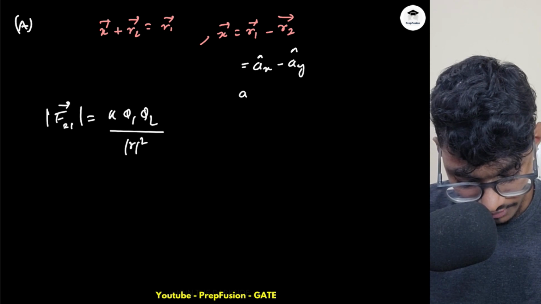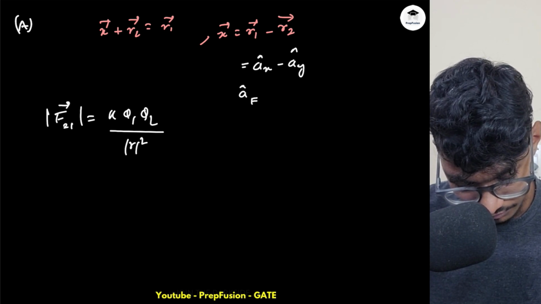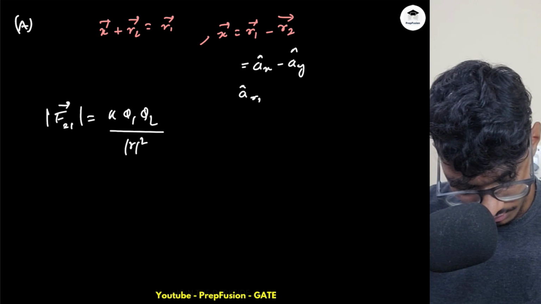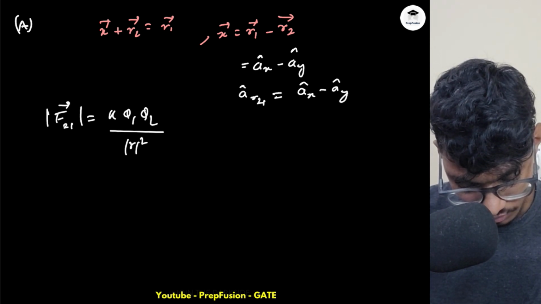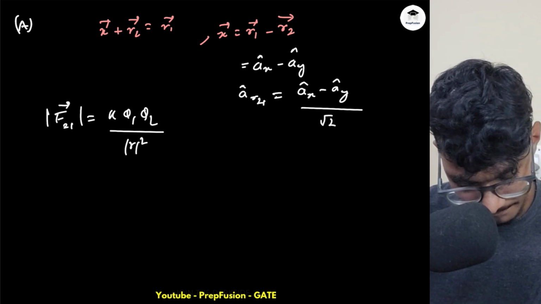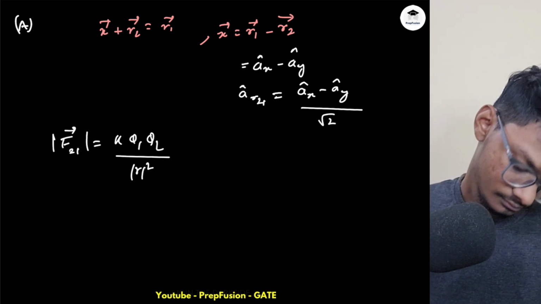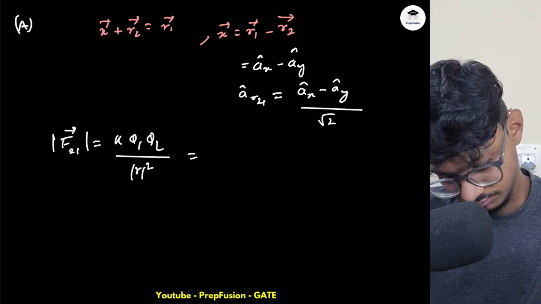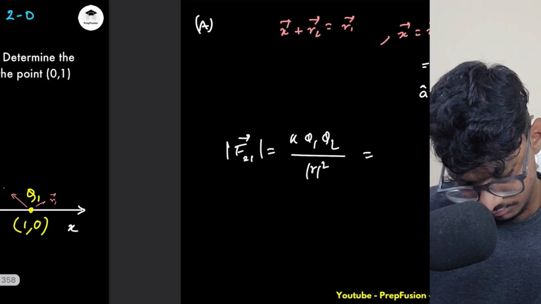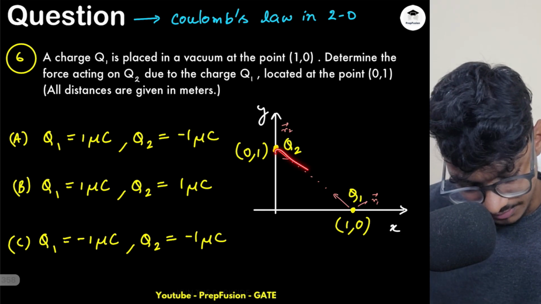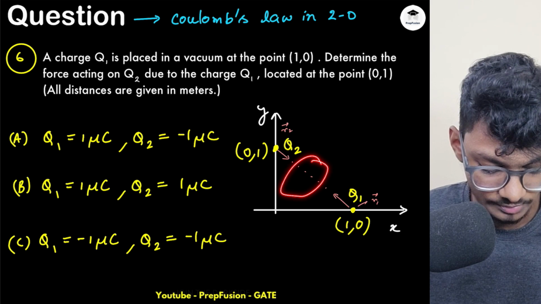So the unit vector of R21 will be divided by the magnitude of this, that is by root 2. What is the distance between these two? The distance is pretty simple, right? It is a Pythagoras triangle, so this distance will be root 2.